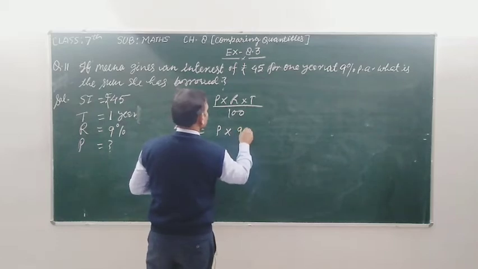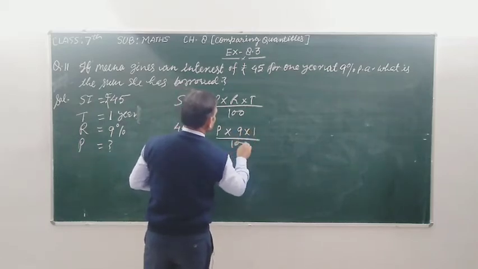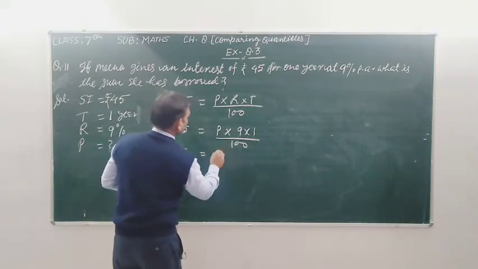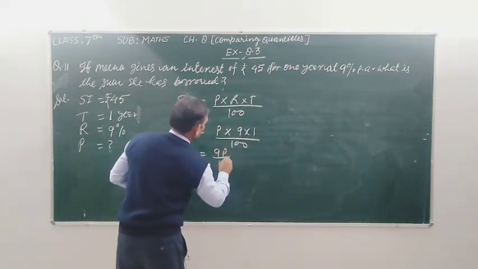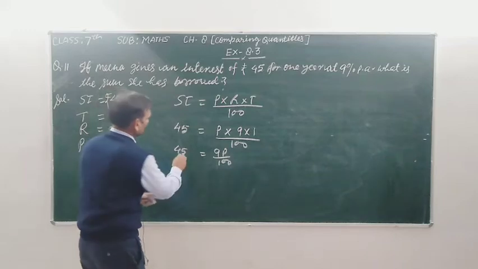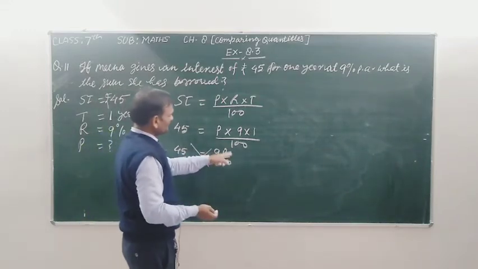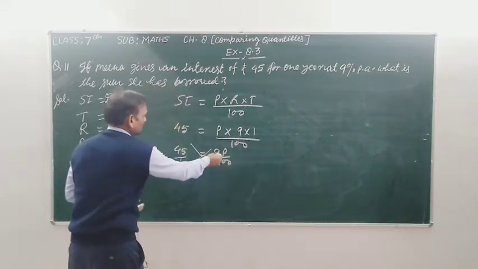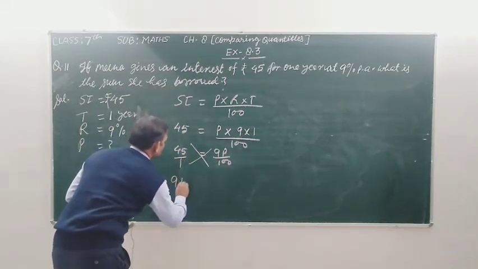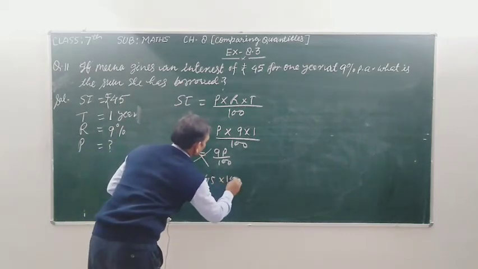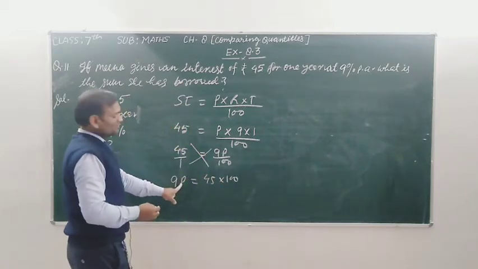R is 9, T is 1 and upon 100. 45 is equal to 9P upon 100. You can make the denominator as 1. After this, by cross multiplication, we will be able to find out the value of P. 9P into 1, that is 9P, student. Now 45 into 100.